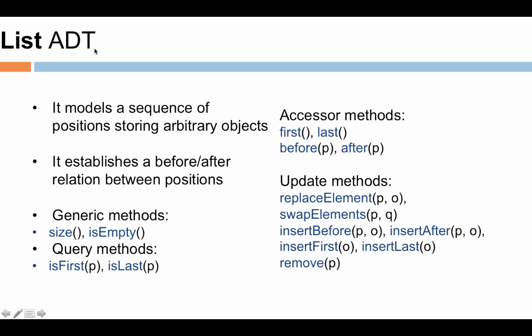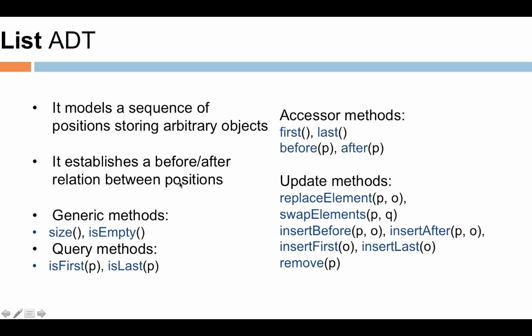So let me just go back and repeat. We are talking about the list abstract data type. The list abstract data type manipulates data. What kind of data? The data is the set of positions storing a collection of objects.